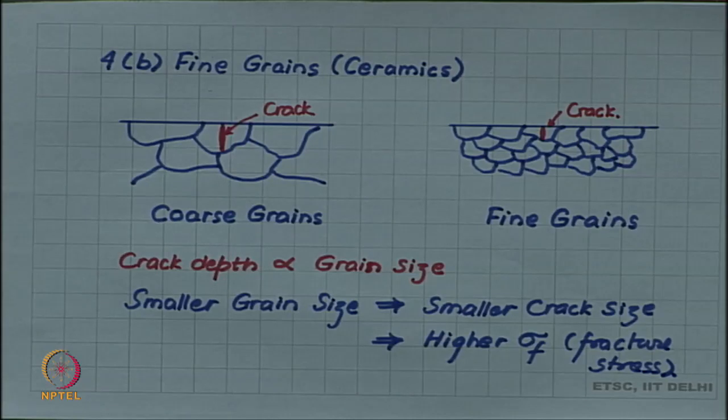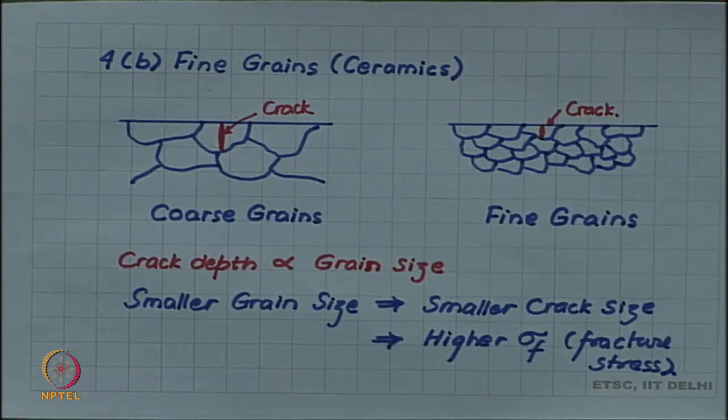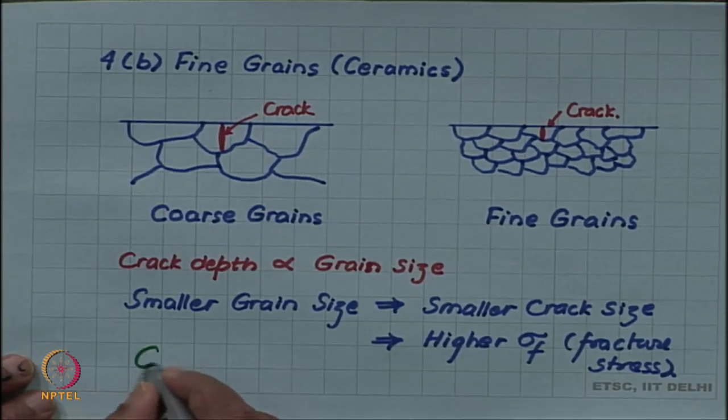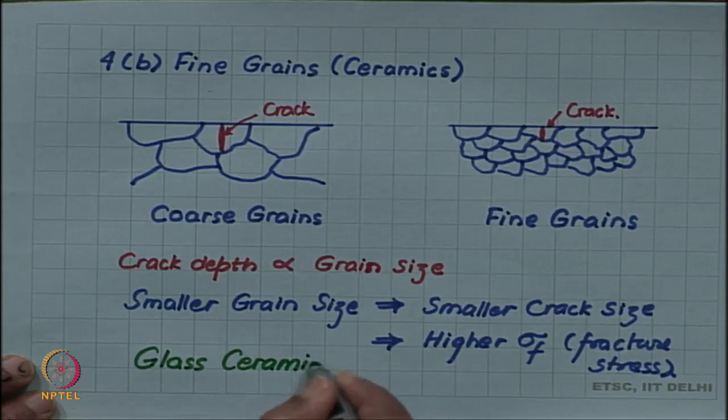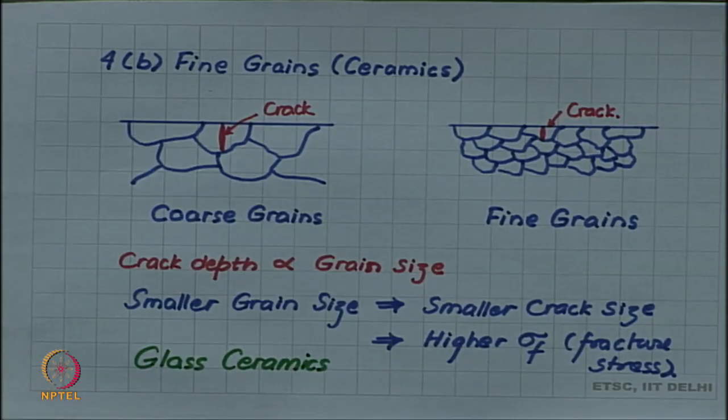So, for ceramics also having fine grains is good news. One example we have seen in a previous presentation is that one of the ways of having fine grain is to make something called glass ceramic. One of the advantages of glass ceramics is that they have very fine grain, so they have very high fracture stress.